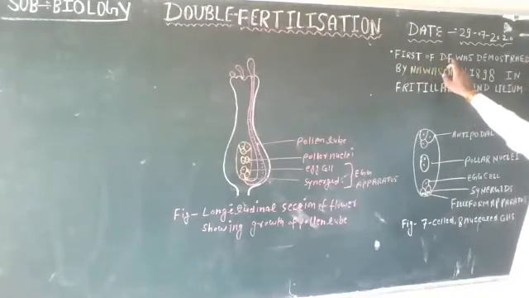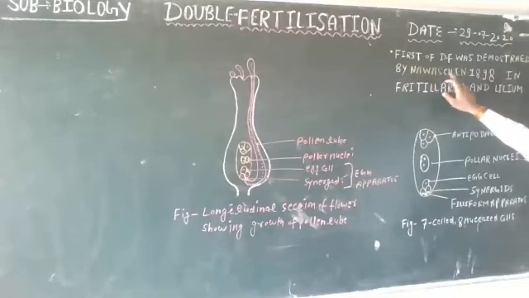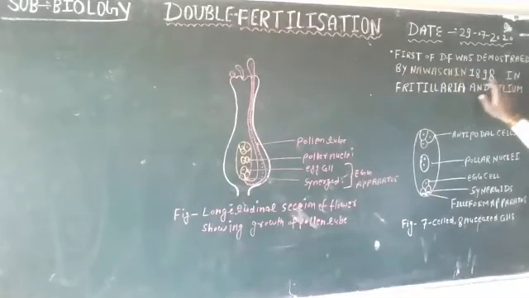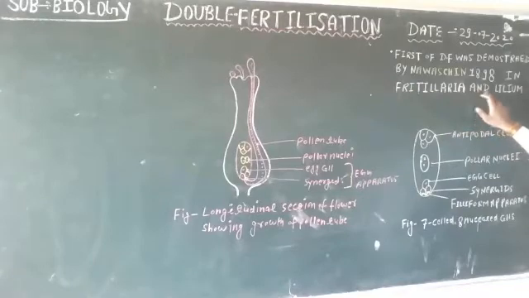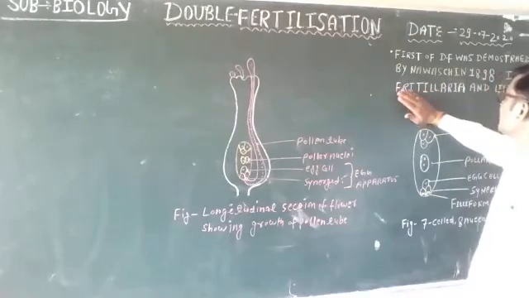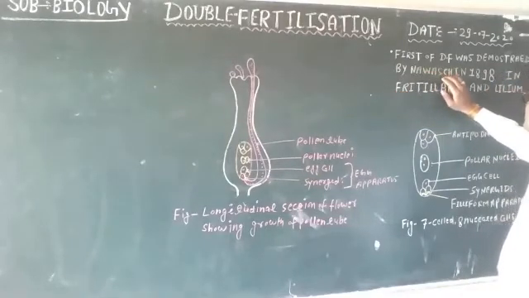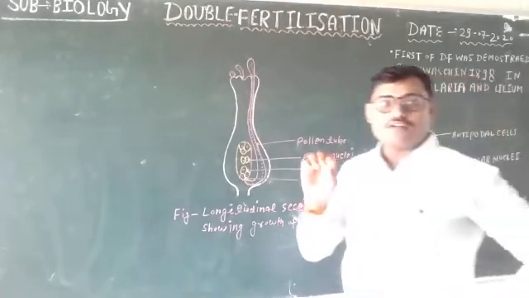First of all, double fertilization was demonstrated by Navaschin in 1898 in Fritillaria and Lilium plants. These are the two plants in which Navaschin first demonstrated double fertilization.